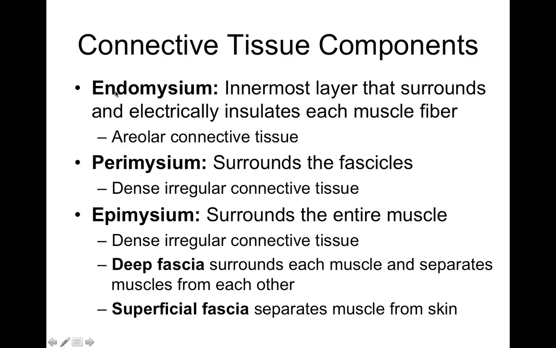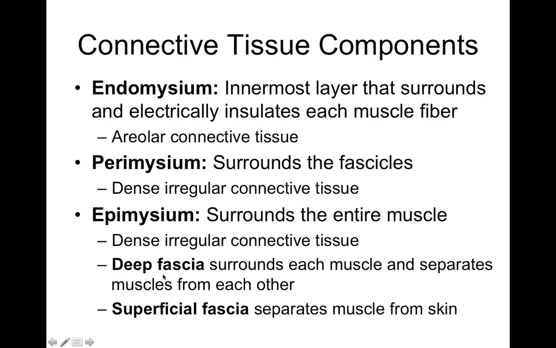So that's what this is saying here, you guys. So we have endo, peri, epi, right? So epimysium is what surrounds the entire muscle. It's made of dense, irregular connective tissue, so it's tough. Perimysium is what surrounds individual fascicles. It's also dense, irregular connective tissue. And then endomysium is a loose areolar connective tissue to nourish individual muscle cells.